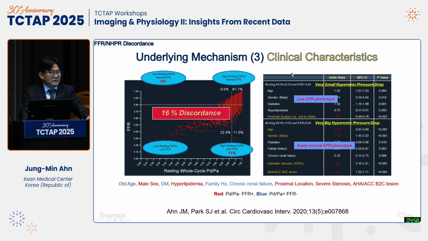And what are the clinical characteristics? FFR-positive discordant is associated with high CFR characteristics, so young, male, non-diabetics, and proximal location. But iFR-positive, non-hyperemic pressure positive discordant is associated with old age, female, diabetes, kidney disease.